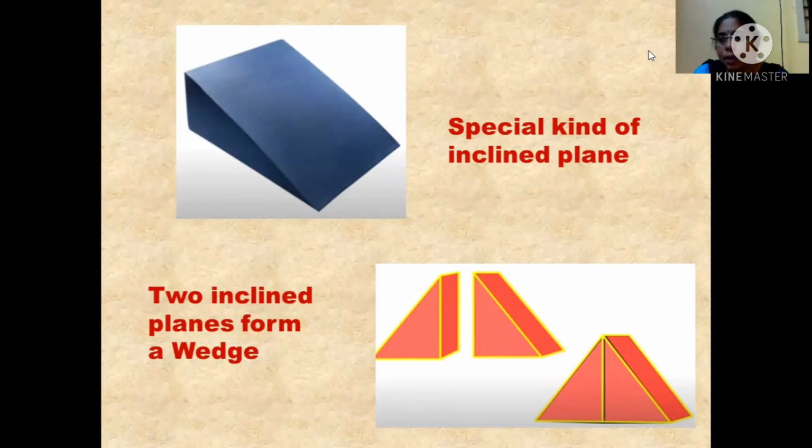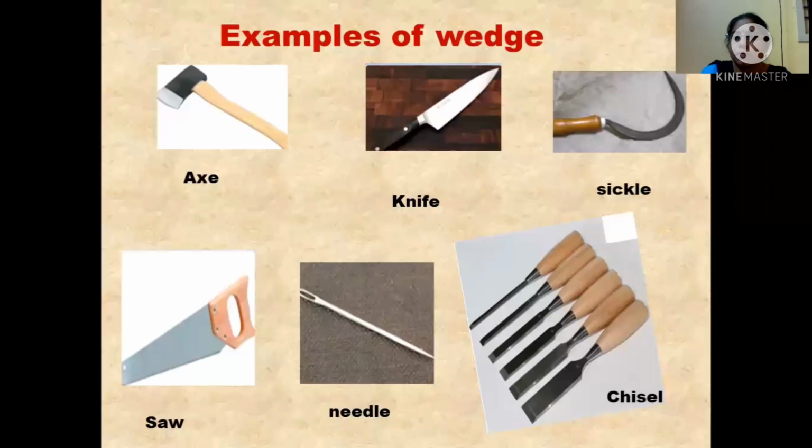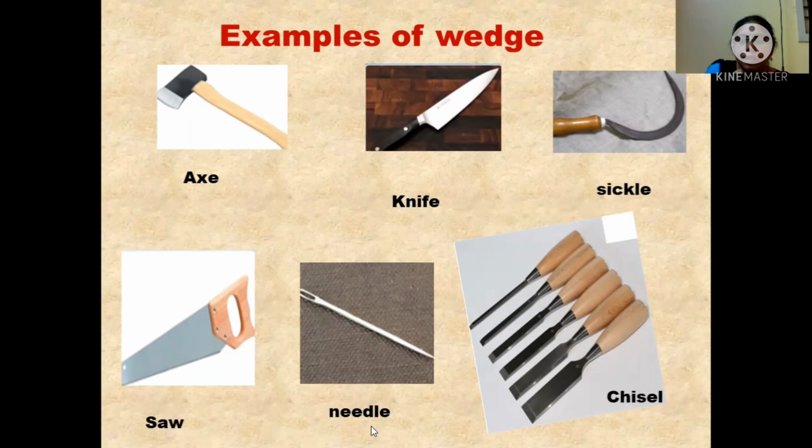Place two inclined planes back to back and we get a wedge. Examples of wedge: axe, knife, sickle, saw, needle, chisel.